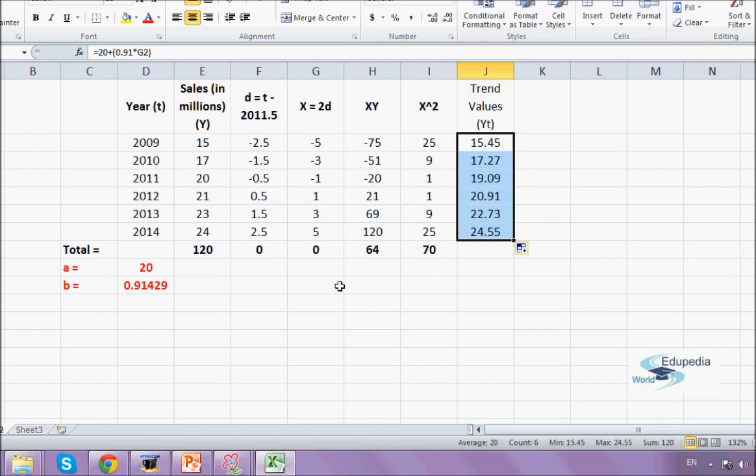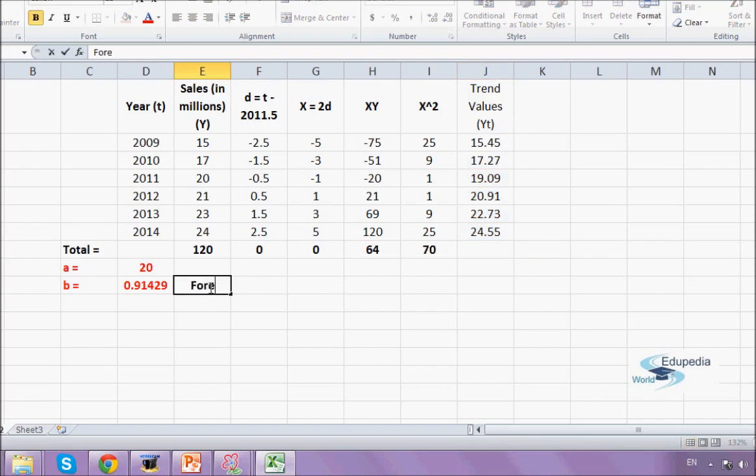Further, if you are asked to forecast the values for different years, say forecast for year 2015, let me do it for 2015, 16 and 2017.